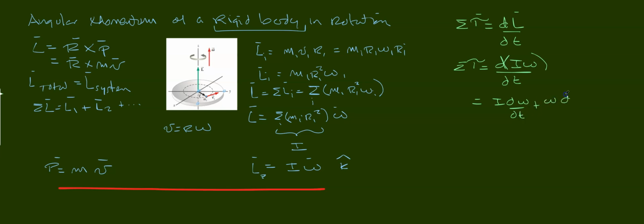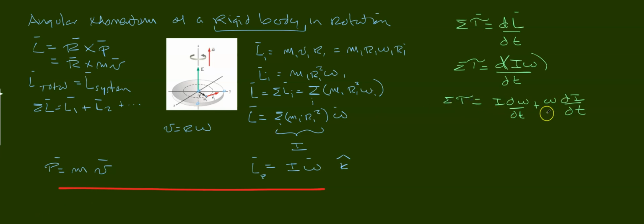We said that torque, from Newton's second law in angular terms, was this. But we're learning that the torque is the first derivative of I omega. So this is going to give us I d omega/dt plus omega dI/dt. That's the torque.